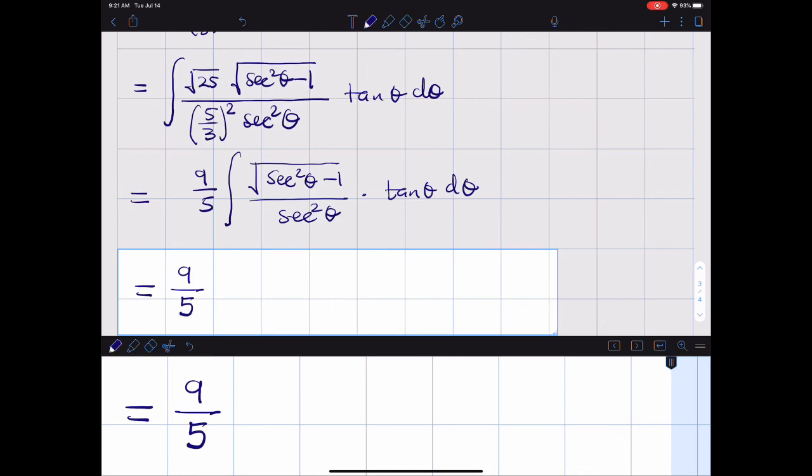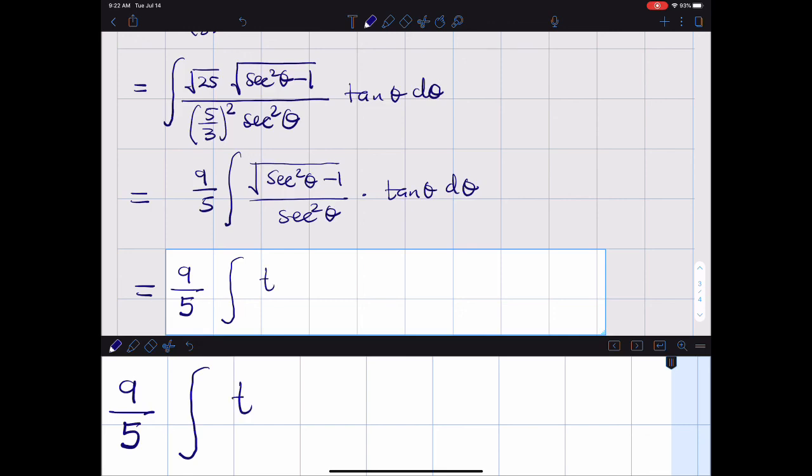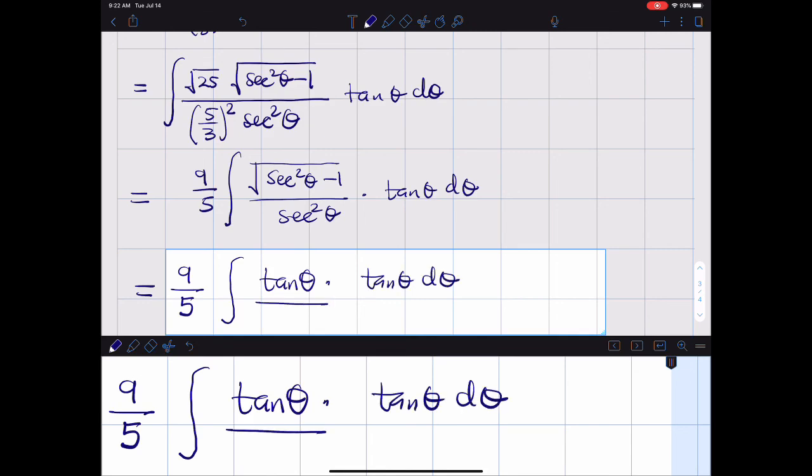All right, the square root of secant squared theta minus 1 is the square root of tangent squared theta. So the top is just tangent theta. And we multiply by one of the other tangent thetas, and then we have secant squared theta.